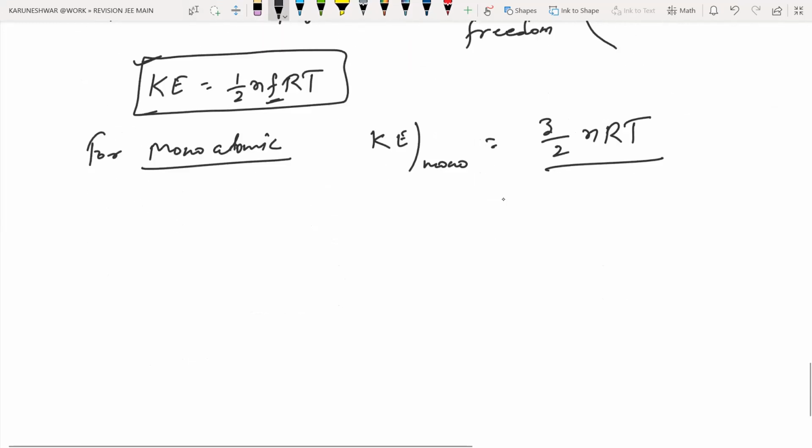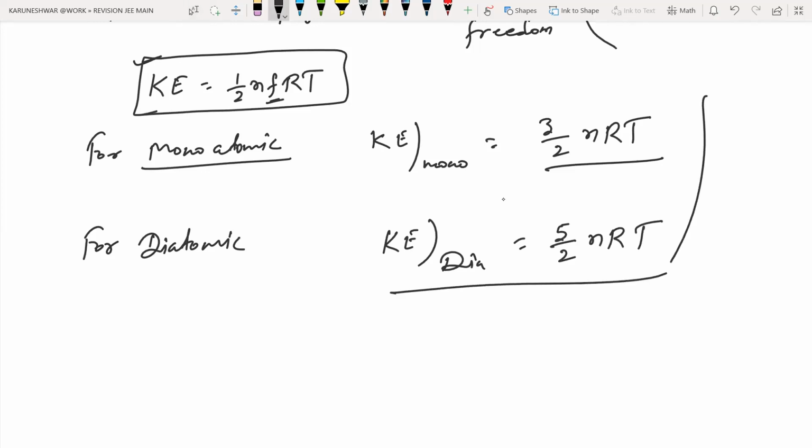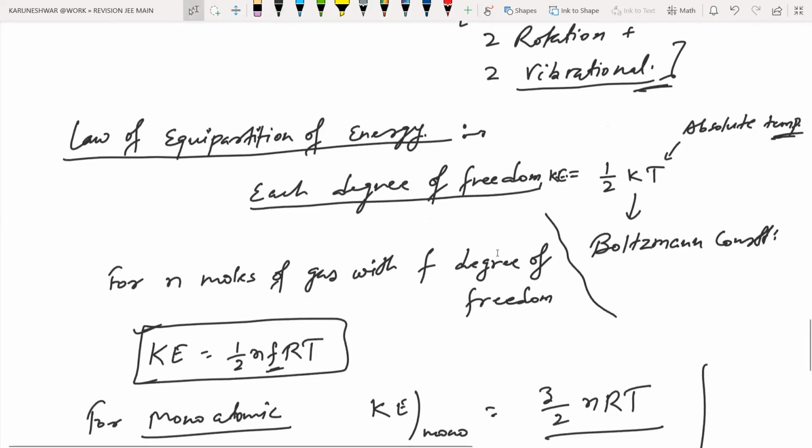For diatomic, the degree of freedom is 5, so the kinetic energy is 5/2 nRT. That is the thing you have to remember: in equipartition of energy, each degree of freedom has kinetic energy 1/2 kT.